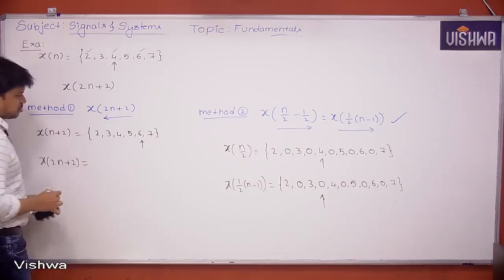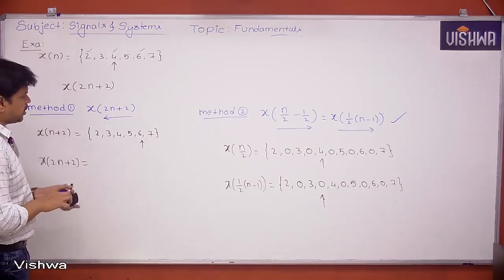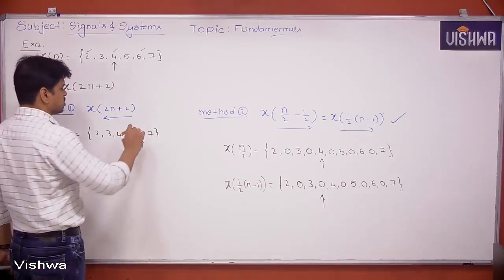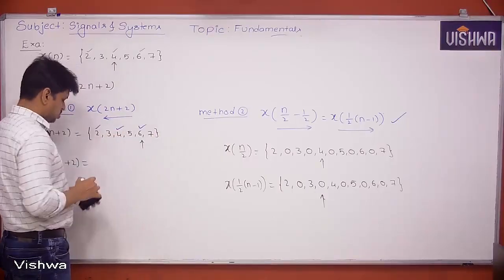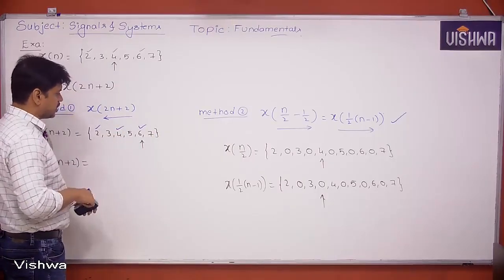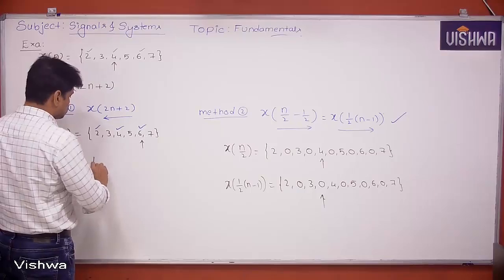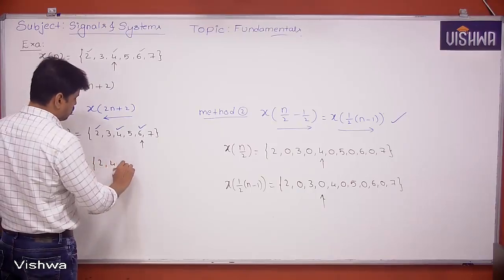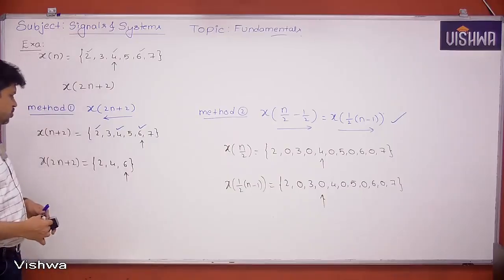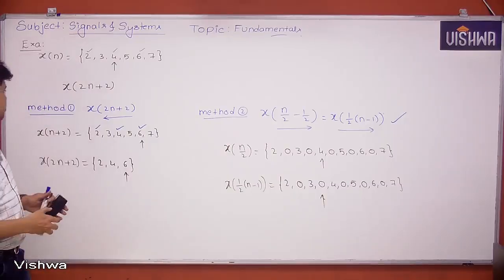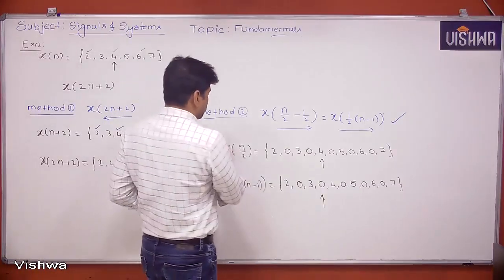Now we have to decimate by 2. Decimate by 2 means keep the 0th position as it is and pick every second sample. So finally I get 2, 4, 6. Here is the arrow. That's what we are going to get. Clear.